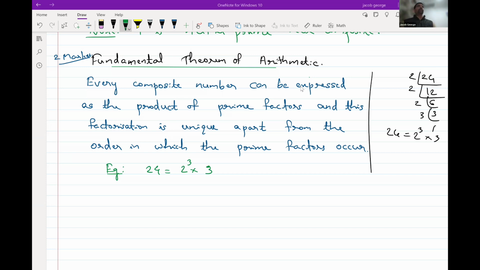Now, who is ready to say the definition without looking at the notebook? Yes, please. Every composite number can be expressed as a product of prime factors, and this factorization is unique apart from the order in which the prime factors occur. Very good.